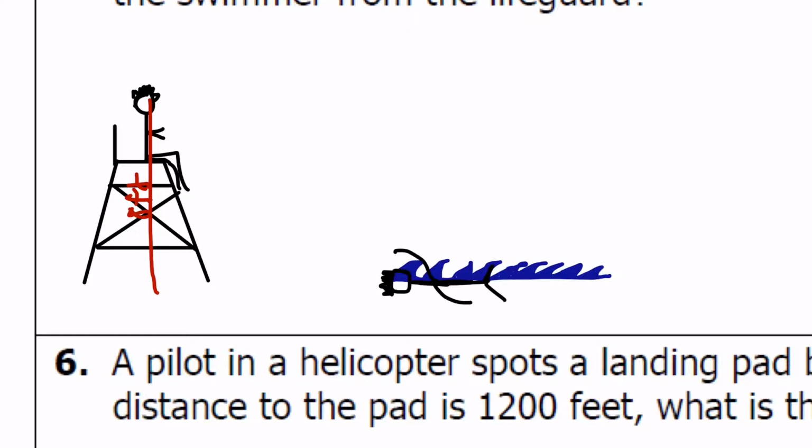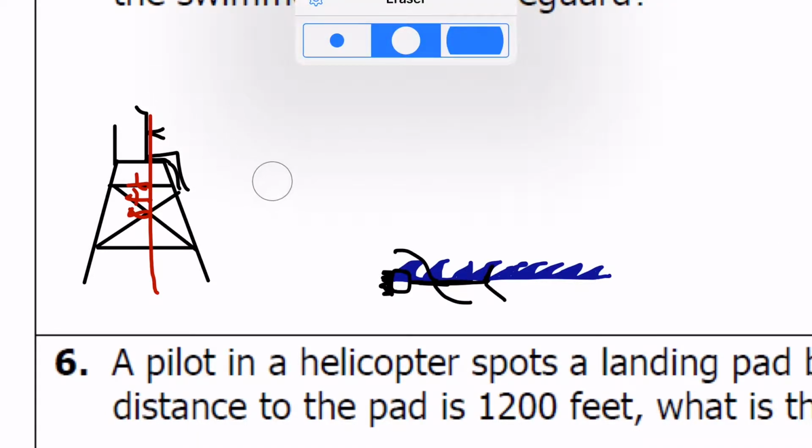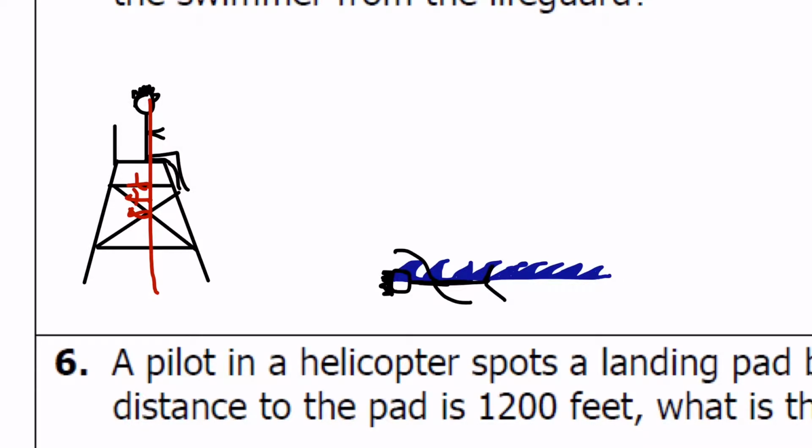So I'm going to draw my line of sight to the swimmer. Sorry, that's what I was drawing, the angle of depression. I lost my spot.